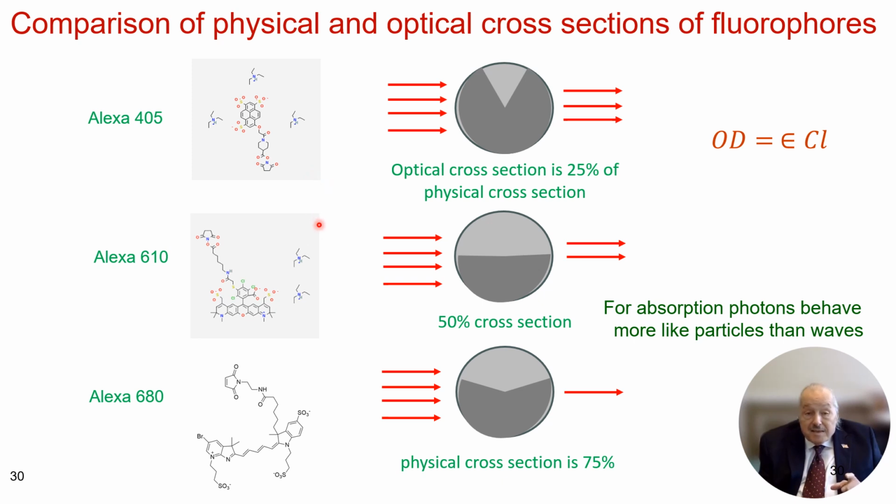I'll start down here, where you have a high extinction coefficient: a larger fraction of the light will be absorbed and a smaller fraction will pass through. If you have a molecule with a low extinction coefficient, only a smaller fraction will be absorbed and more will pass through.